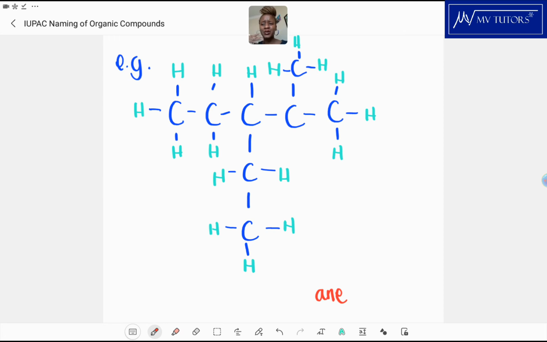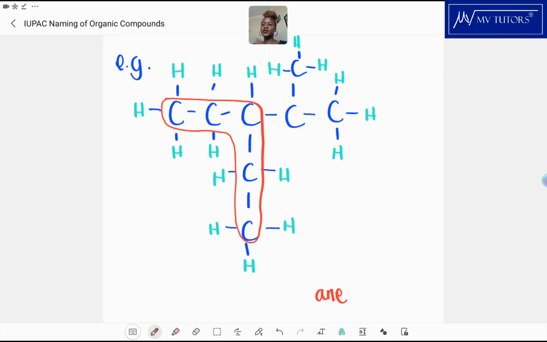Then I start to think, do I have a branch, an alkyl group? Probably, because I will start numbering my carbon atoms from that alkyl group. So depending on which chain I choose, if I take this chain, I have 5 carbon atoms there.